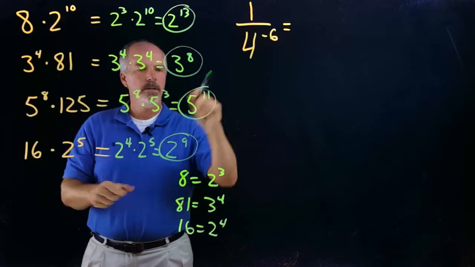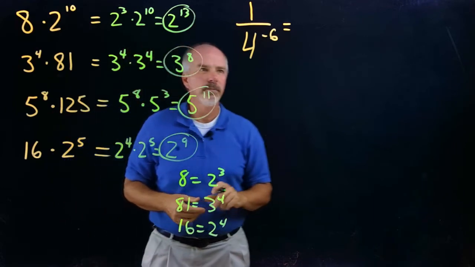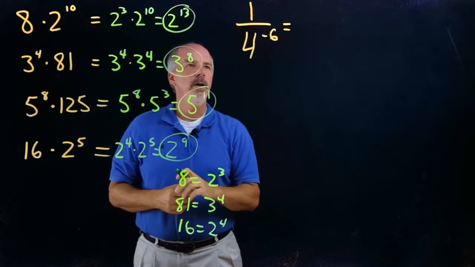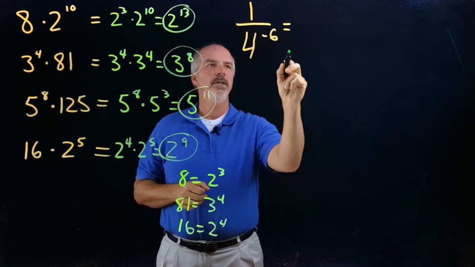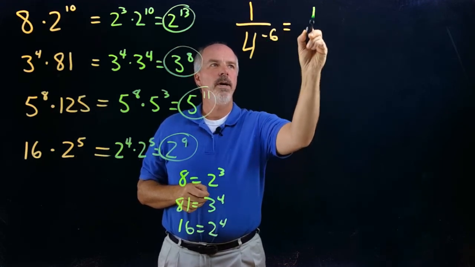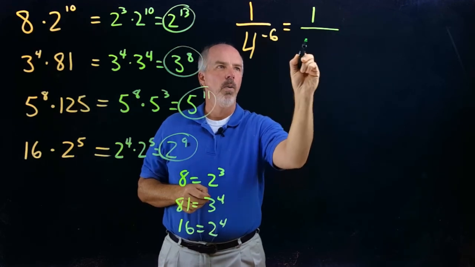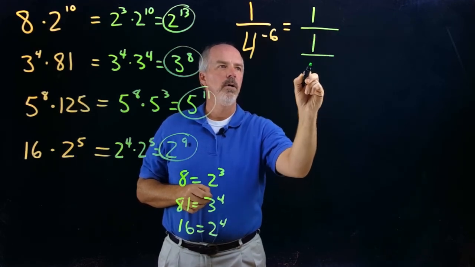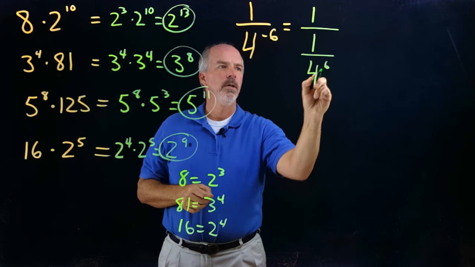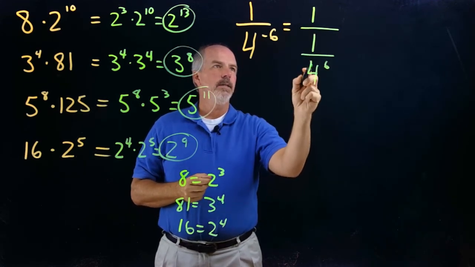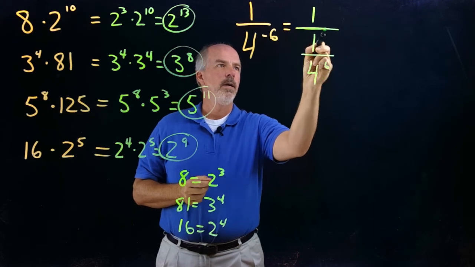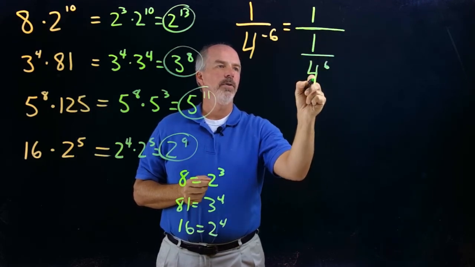Okay, now let's look at this last one. 1 over 4 to the negative 6. Okay, remember when we have something to the negative 6, we're going to put a 1 over it, so it's going to equal 1 over 1 over 4 to the 6th. And the way I like to look at this is, this is saying 1 divided by 1 over 4 to the 6th.